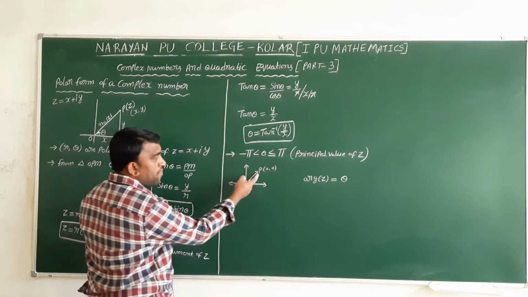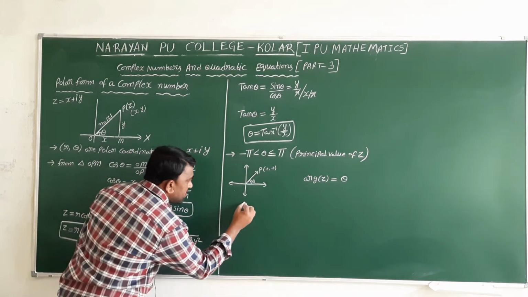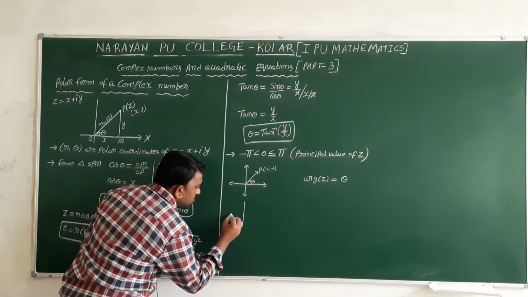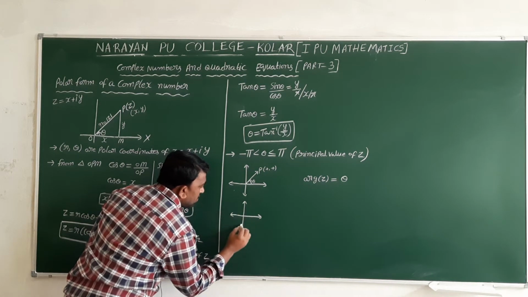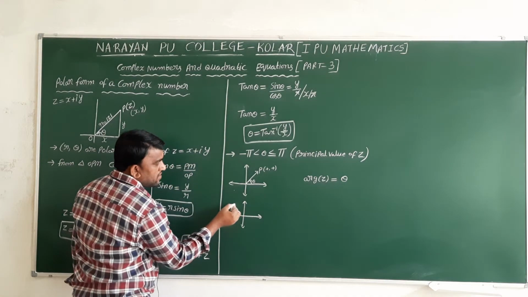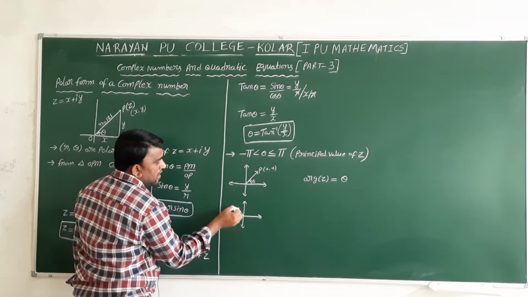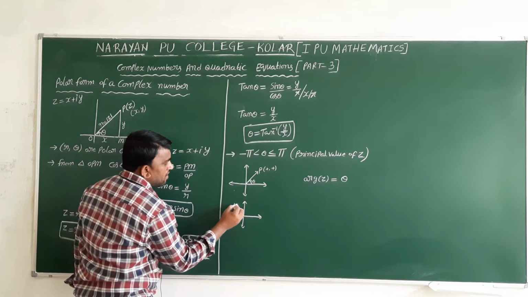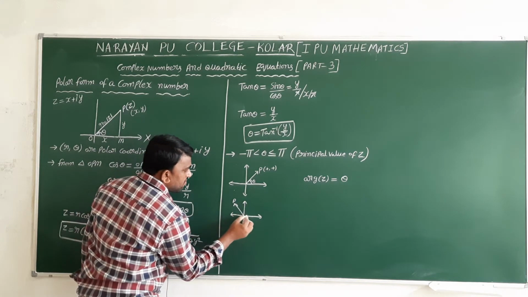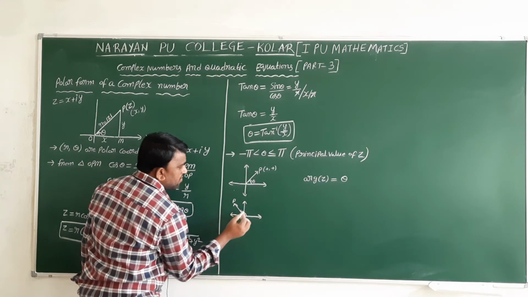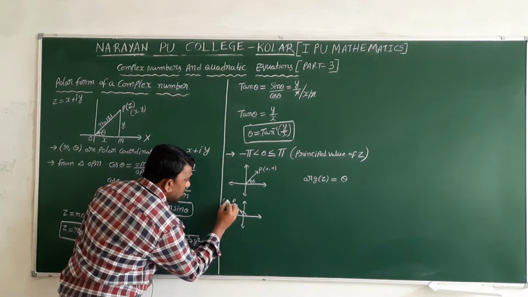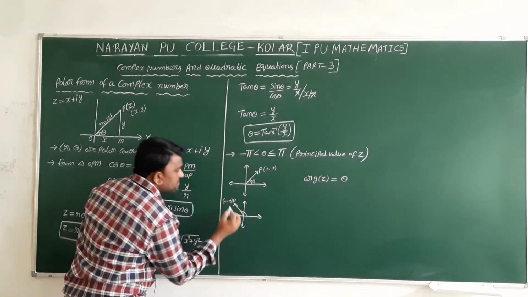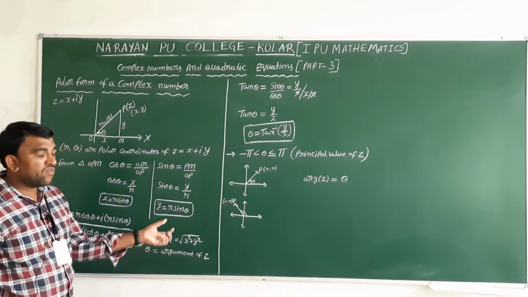Next, suppose the point lies in the second quadrant, P. In the second quadrant, x is negative and y is positive.